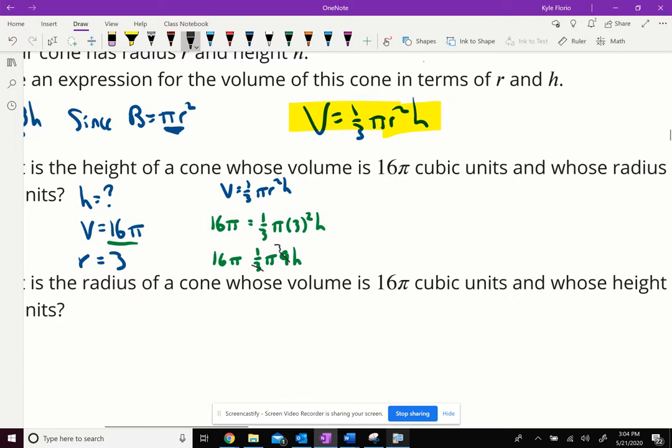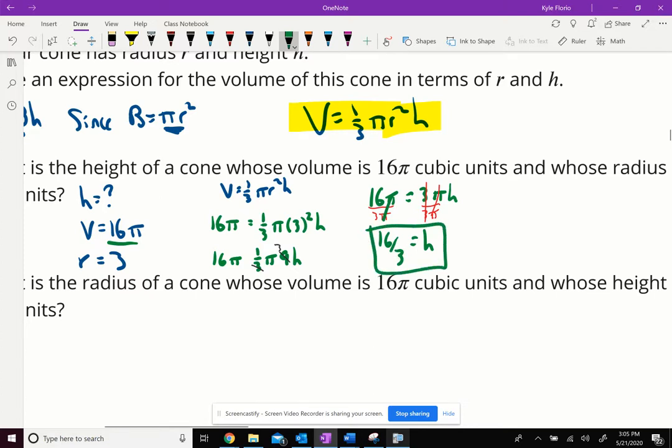So we have 16 pi equals 3 pi h. And I'm just going to divide both sides by 3 pi. The pi's cancel out, the 3's cancel out. That works out nicely. So the height is 16 over 3.